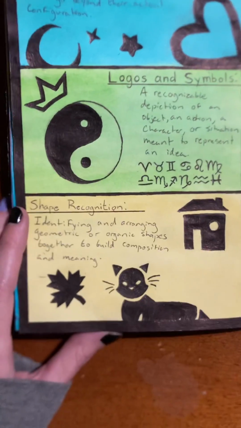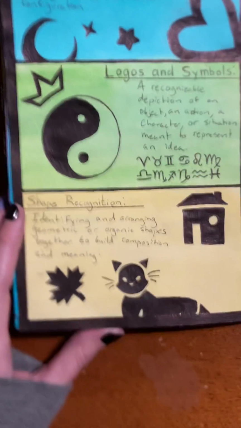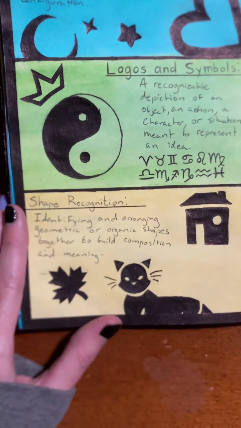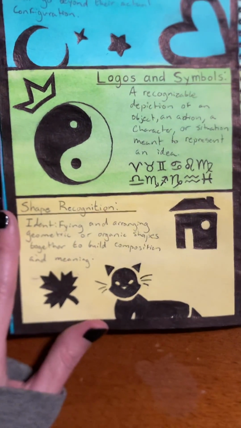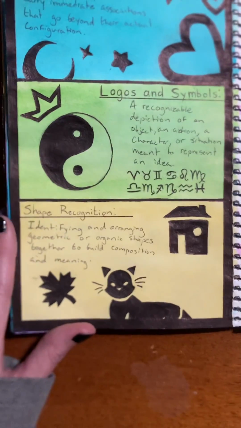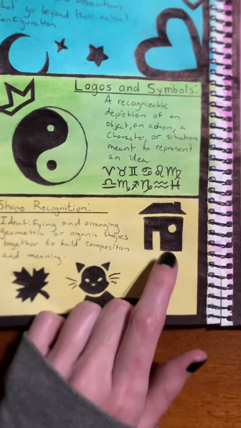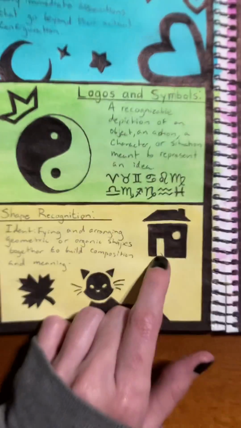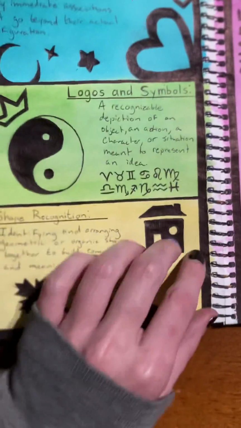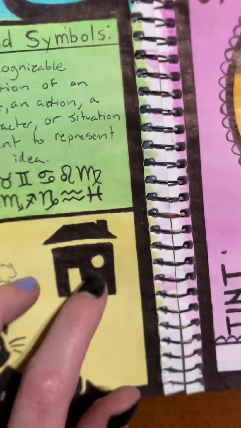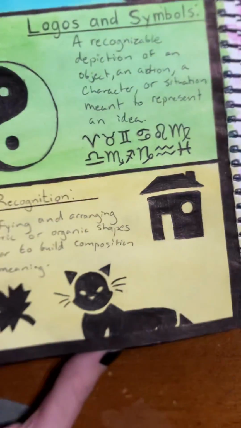And then we have shape recognition, is identifying and arranging geometric or organic shapes together to build composition and meaning. So what that kind of means is that our brain is able to recognize shapes like a circle or a square, and then we can use that information to kind of build together a house that's identifiable.